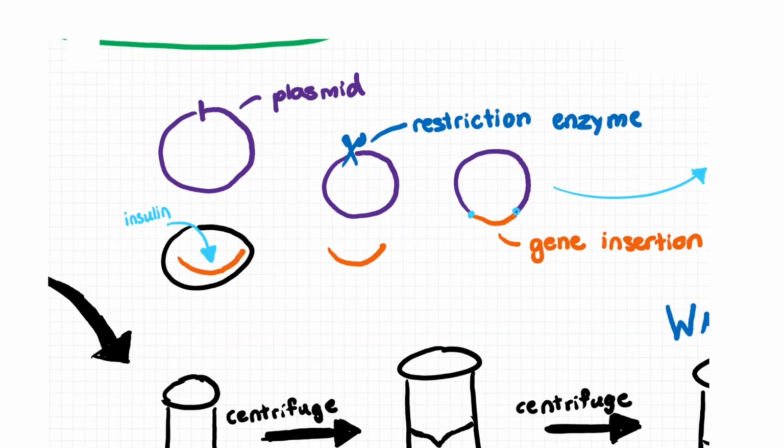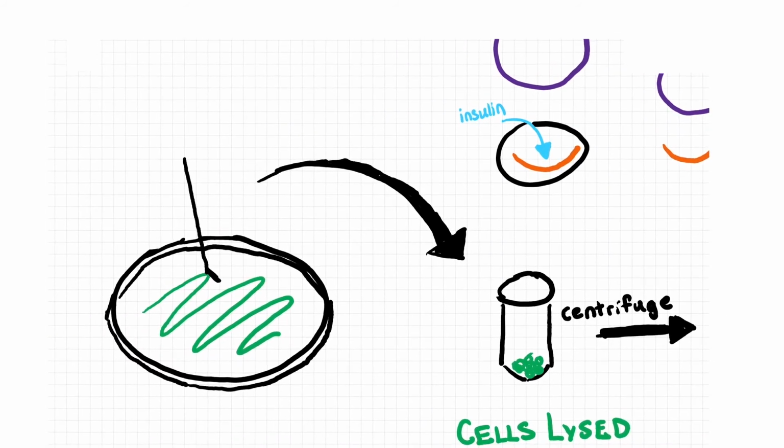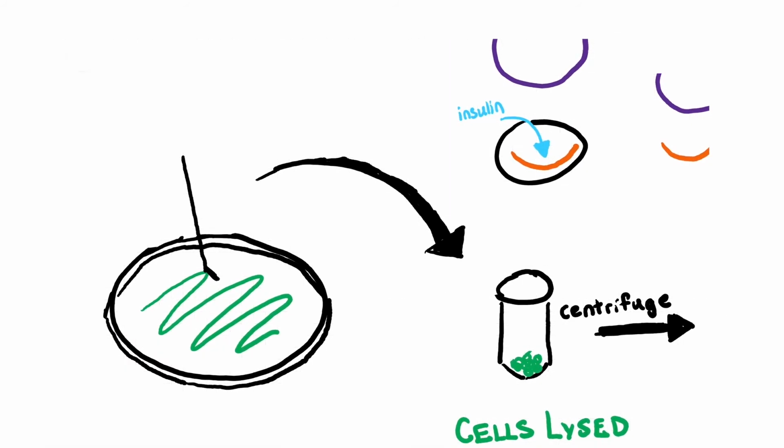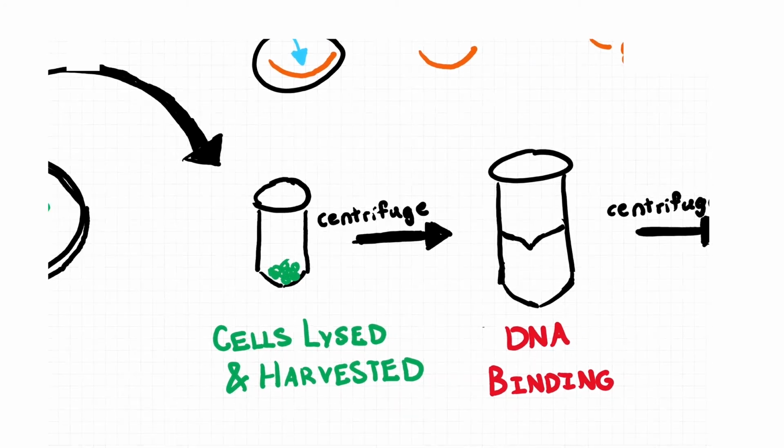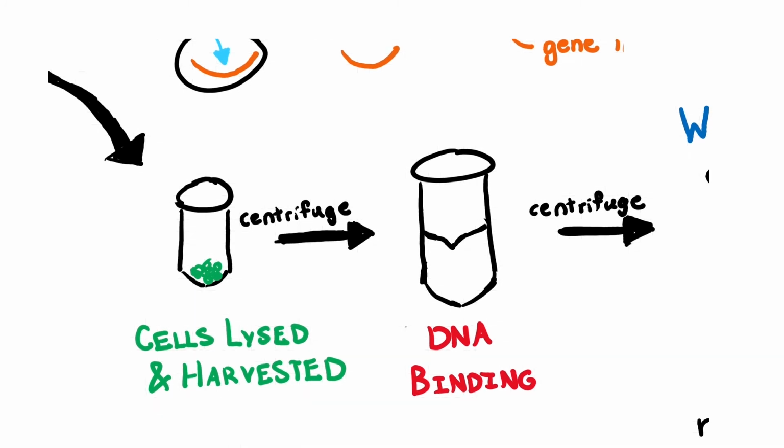Now let's go over what a mini-prep process is. First off, we have a bacterial population, and these bacteria are inserted with this plasmid. These cells are then lysed, so these are directly removed from the culture and harvested. After they are centrifuged, the DNA is bound.